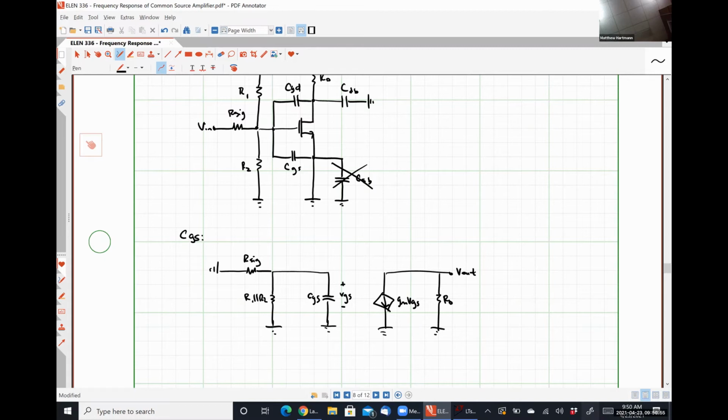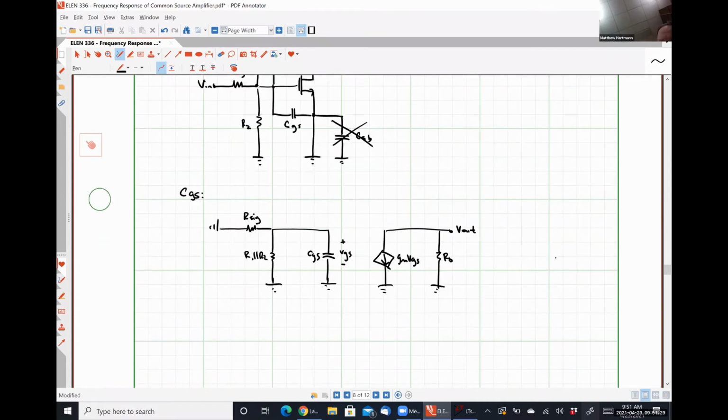So I want to be very clear here. I have open circuited the capacitance CGD, which is why we don't have a capacitor linking the input side to the output side. And I have also open circuited the capacitance CDB, which is why we don't have a capacitor in parallel with RD anymore. It should be fairly obvious that VGS in this case is 0 since there are no independent sources anywhere. So the right-hand side of this circuit does absolutely nothing to our time constant.